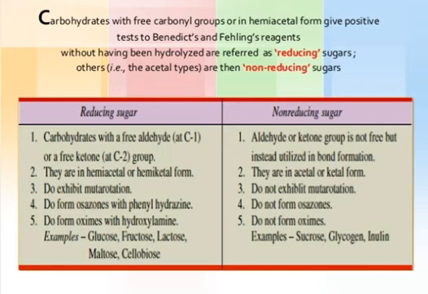Reducing sugars form osazone with phenylhydrazine; non-reducing do not form osazones. Reducing sugars form oximes with hydroxylamine. Examples: glucose, fructose, lactose, maltose. Those that do not form oximes are sucrose and others.